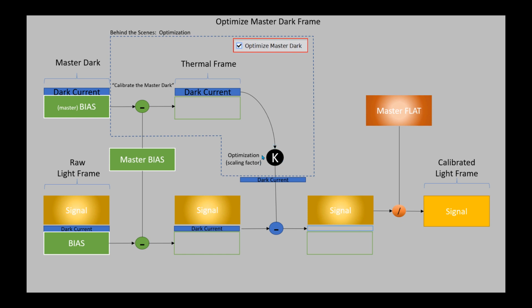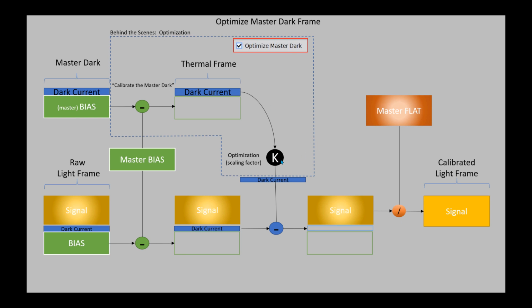So this scaling factor is discovered iteratively, not in any way by looking at the exposure times, but instead by looking at the noise distribution, the noise characteristic of the subtracted image that you're getting from this master dark that we're going to be optimizing. So based on what I've said, I think you can appreciate that it's going to discover some scaling factor.